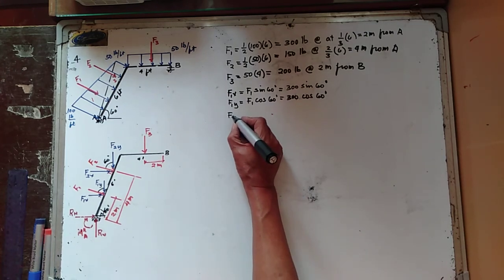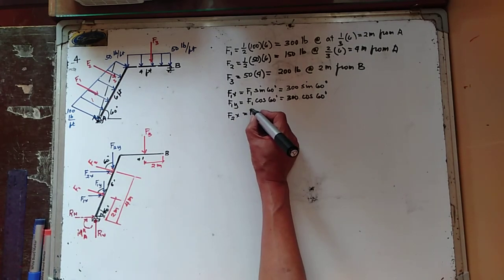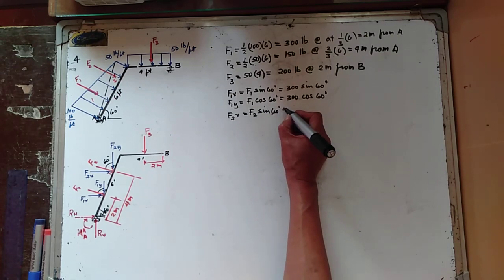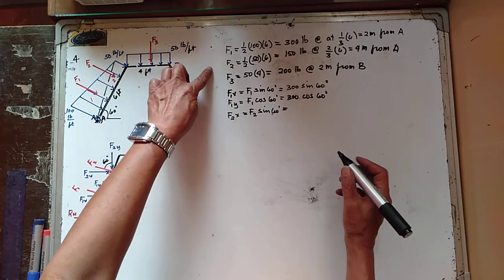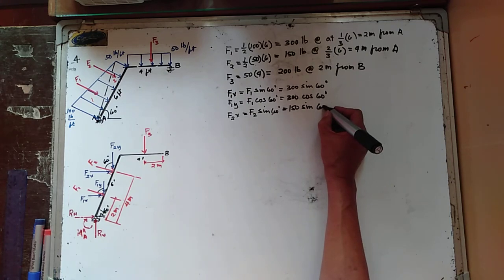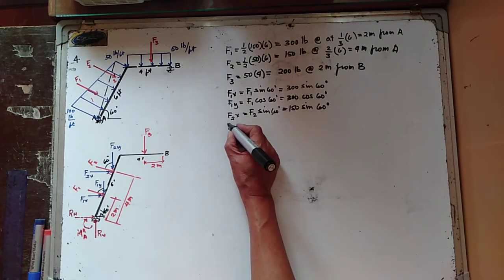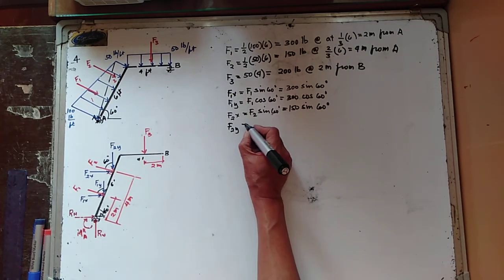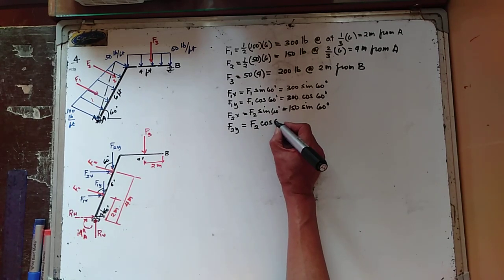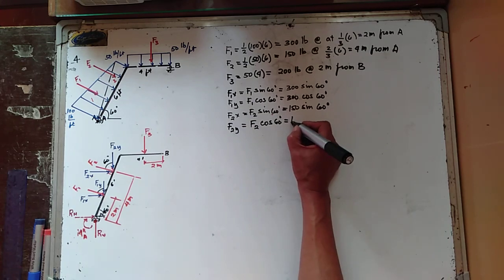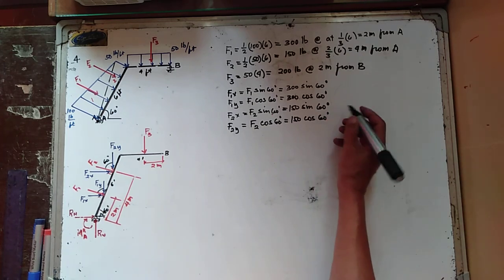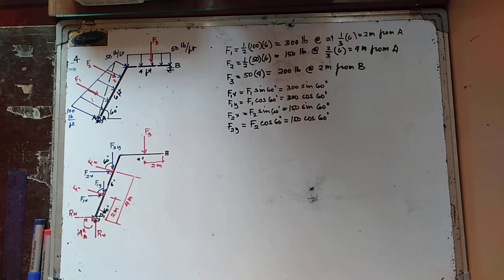Your F2x is equal to F2 sine of 60 degrees, which is 150 sine of 60 degrees. And your F2y is equal to F2 cosine of 60 degrees, 150 cosine of 60 degrees.